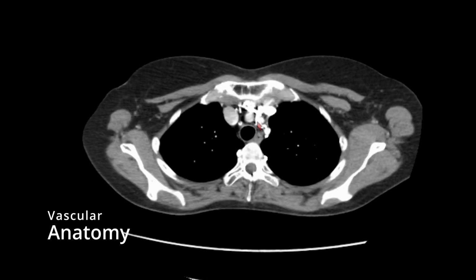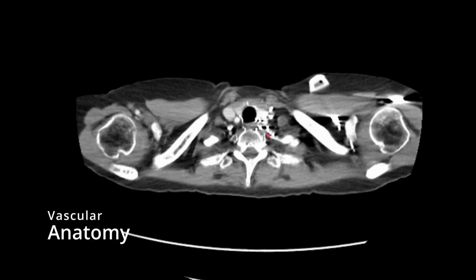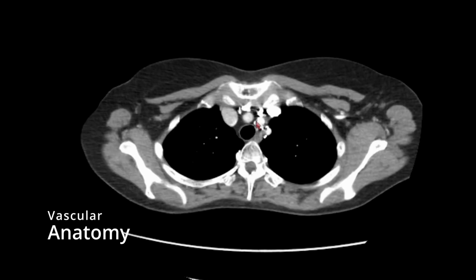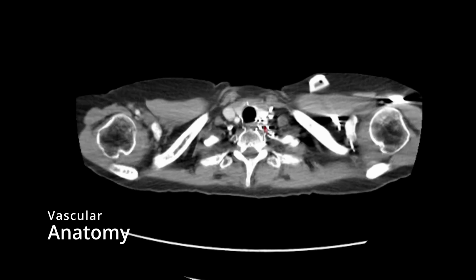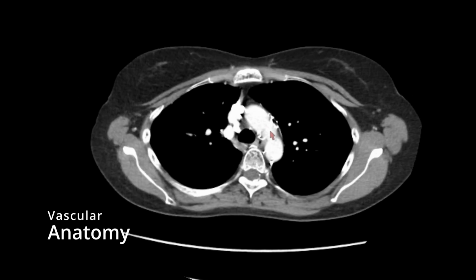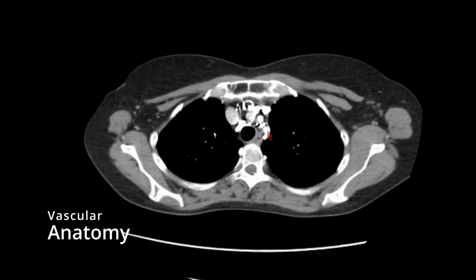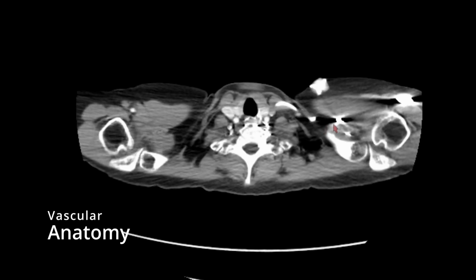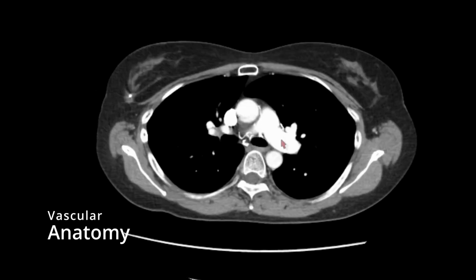The second branch of the arch of the aorta is the left common carotid artery, which is right here. And then the third major branch is the left subclavian artery, which courses laterally into the left upper extremity.